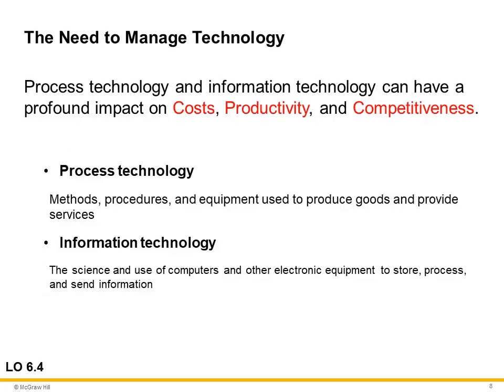As we know, technology has a significant effect on our process, on production activities. For example, process technology like new equipment, advanced tools in your production line, or information technology methods or tools to manage your information.